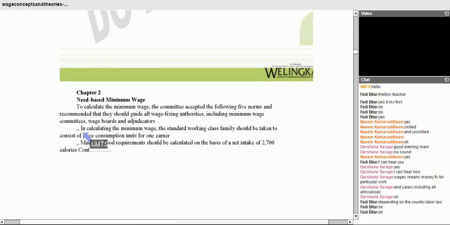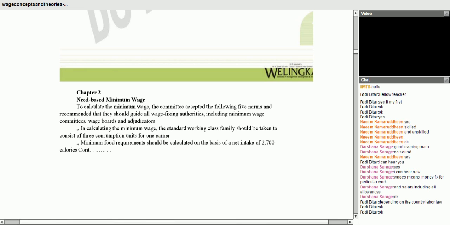Okay, that is there. The next is need-based minimum wage. Now to calculate the minimum wage, the committee accepted the following 5 norms and recommended that they should guide all wage fixing authorities including minimum wage committees, wage boards and auditors. In calculating the minimum wage, the standard working class family should be taken to consist of 3 consumption units for one earner.